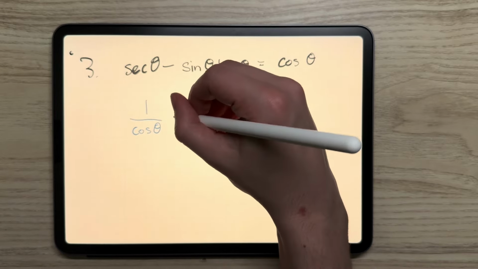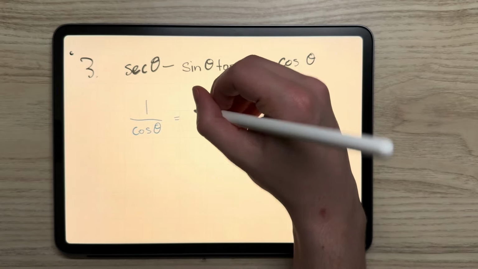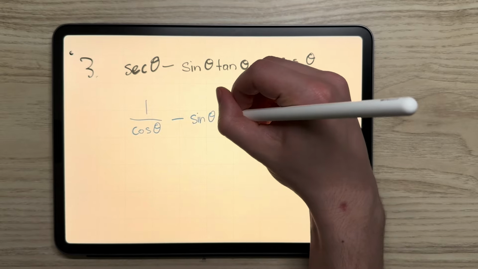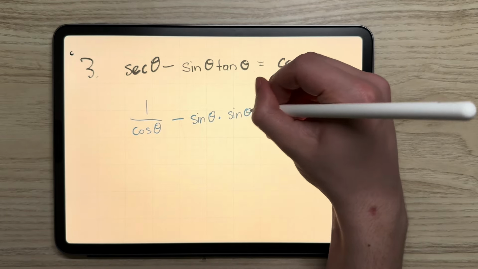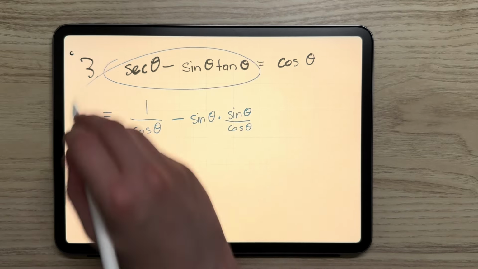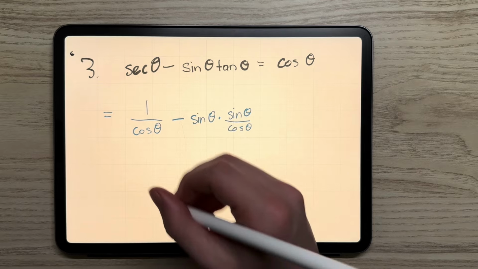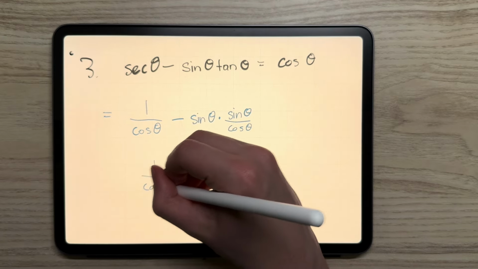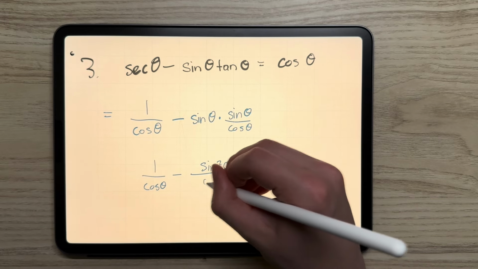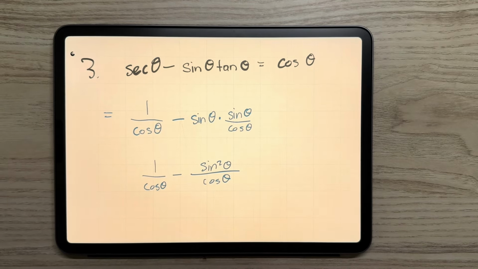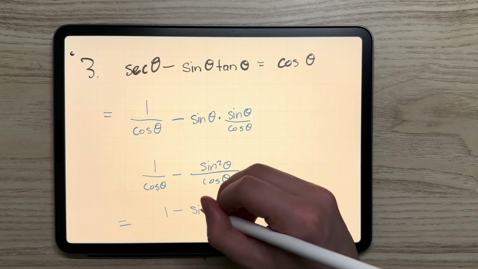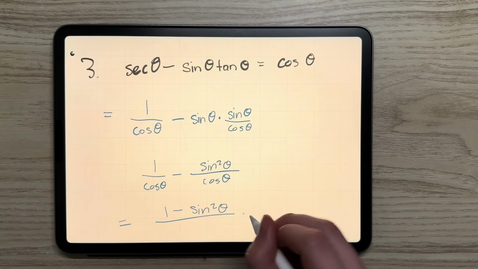Secant is 1 over cosine, and then minus sine theta times sine theta over cosine theta. So that's equal to the top. Now we have 1 over cosine theta minus sine squared theta over cosine theta. Combining these, because they have the same denominator, we have 1 minus sine squared theta over cosine theta.